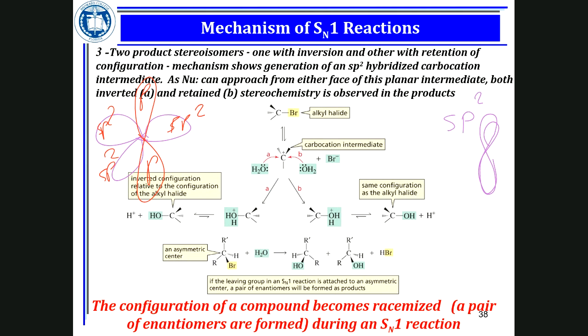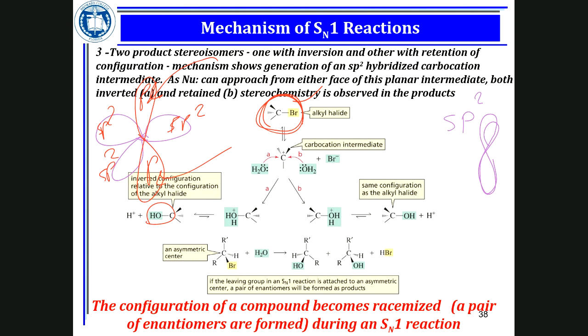Now, your nucleophile can attack from this side or this side, from the top lobe or the bottom lobe of the p orbital. And as a result, the heavy group can be on the right side, or the heavy group can be on the left side. If the starting alkyl halide is asymmetrical or a chiral compound, your product is going to be chiral. If the starting compound is not chiral, you get only one product because it's not going to matter.